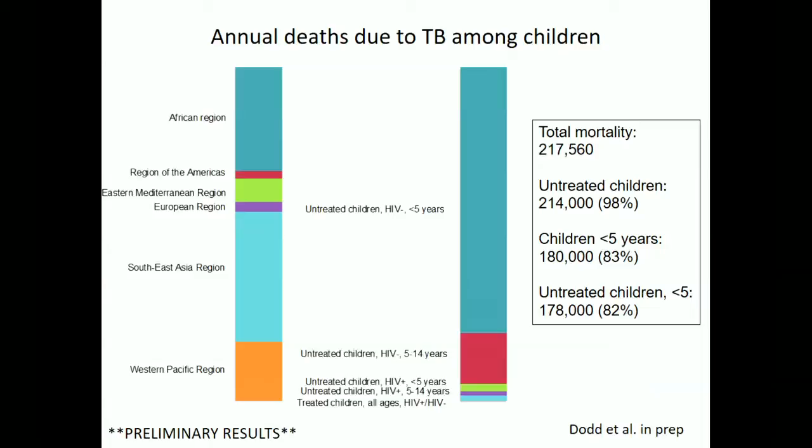Then the vast majority of children dying each year, we believe, are untreated children, so untreated for TB and HIV negative. And the majority of those are then children under 5. As you can see here, untreated children make up 98% of the total mortality, and children under 5 make up about 83%. So I think the really important message here is that we need to be finding these young children and getting them onto treatment.